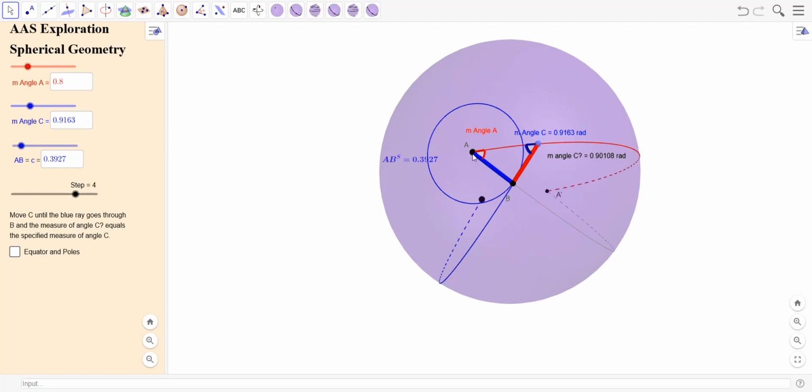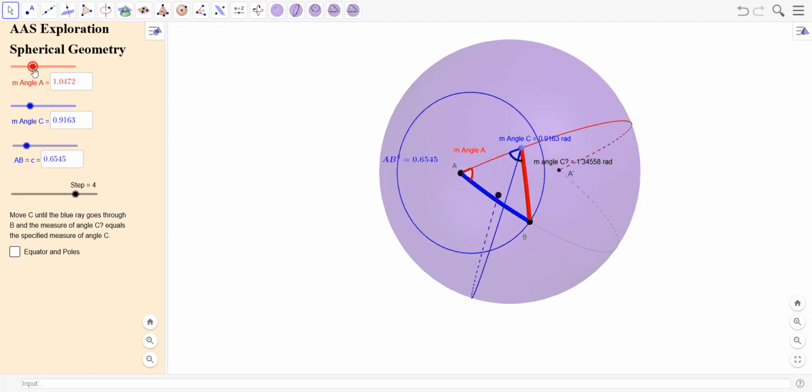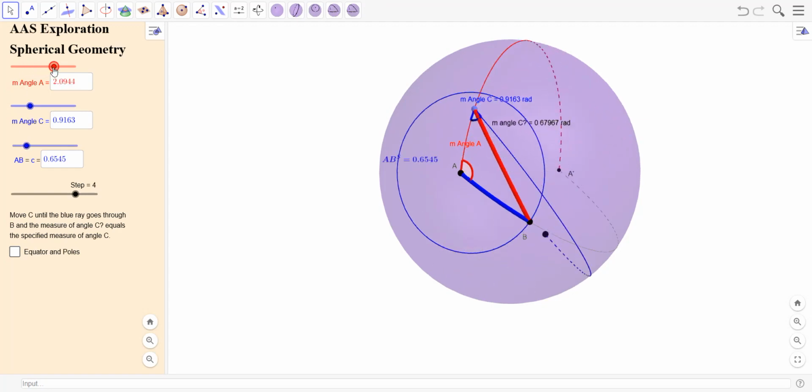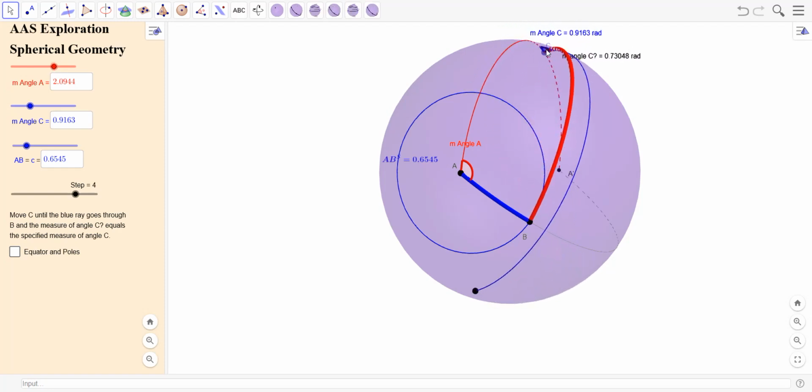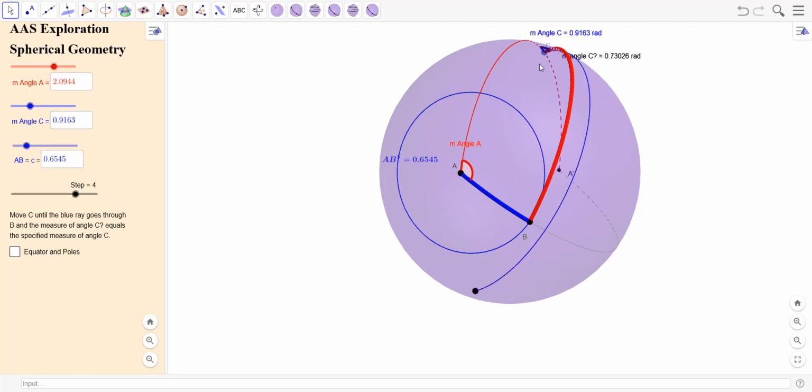Let's try some other examples. Let's make this a little bit longer. Let's make this angle a little bit bigger. Try an obtuse angle. Does it still work? Yeah, looks like right in there, there was a sweet spot where it's exactly one place to make that triangle.